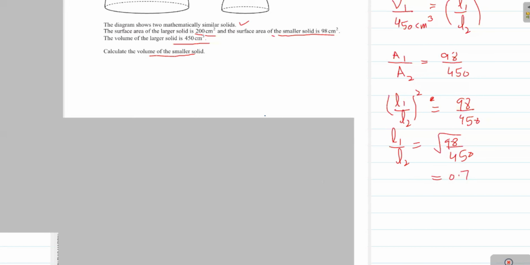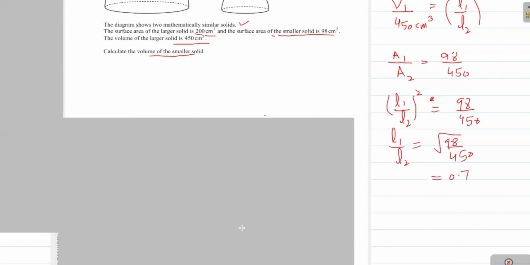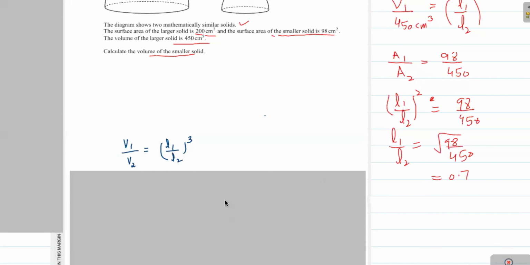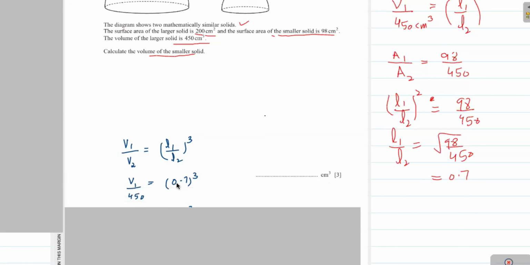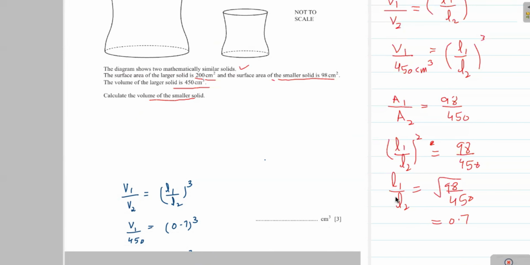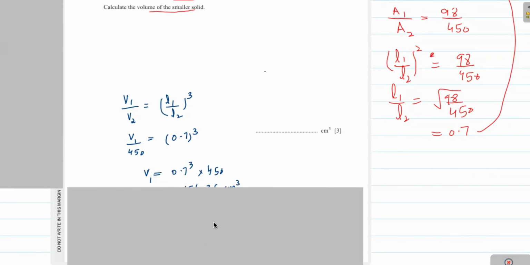Now therefore we can write the volume V1 over V2 equal to L1 over L2 whole cube, and therefore we can write V1 over 450 equal to 0.7 whole cube. Now V1 equals 0.7 cubed multiply 450, and this value is equal to 154.35 cubic centimeter. This is the answer.